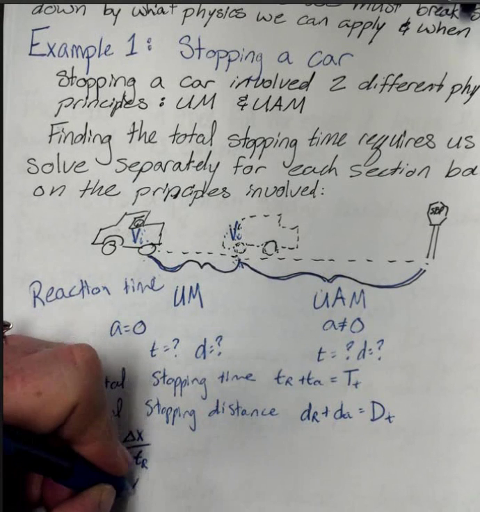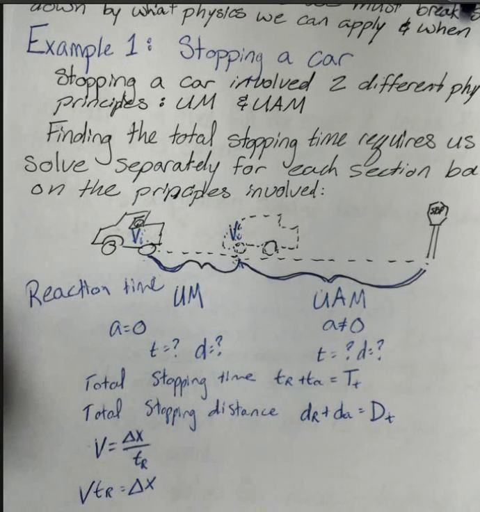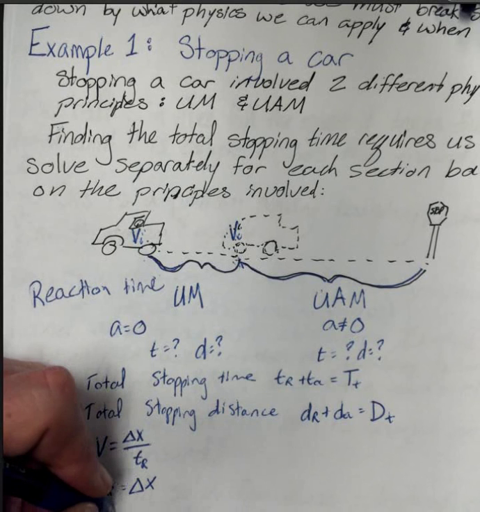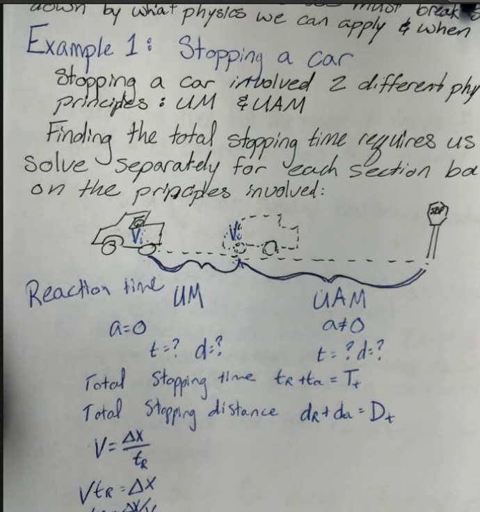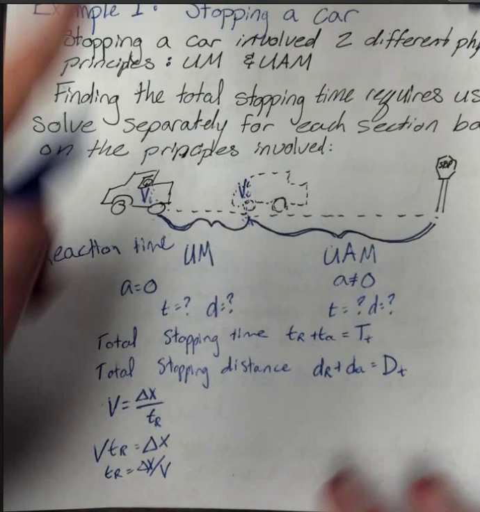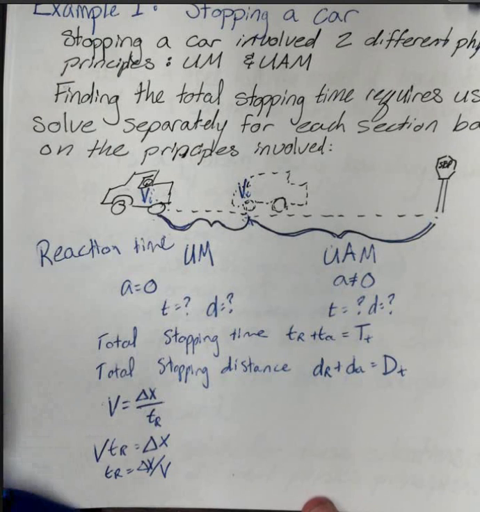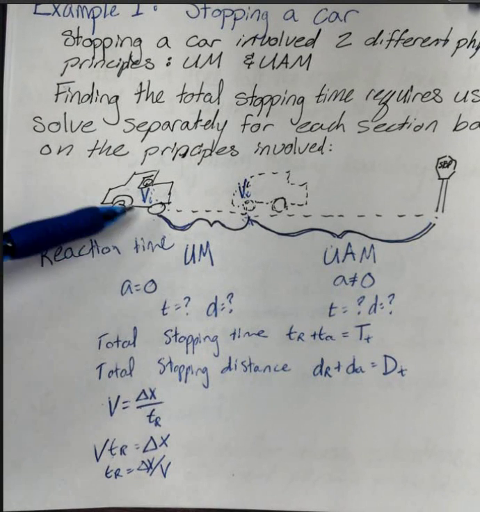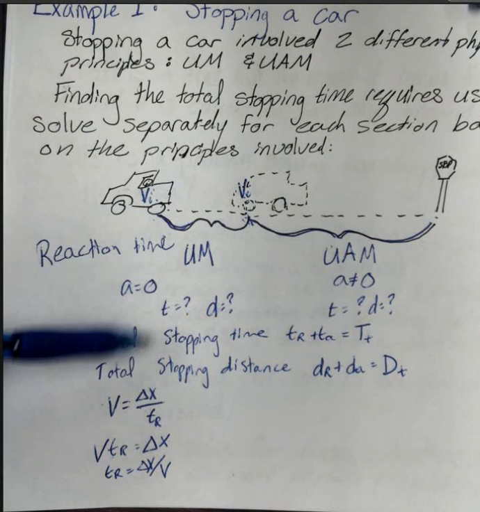And likewise, you could solve for the time, which would equal the displacement over that average velocity, or your velocity. So that's what you can do with the uniform motion side, and that's really all you can do for the uniform motion side.